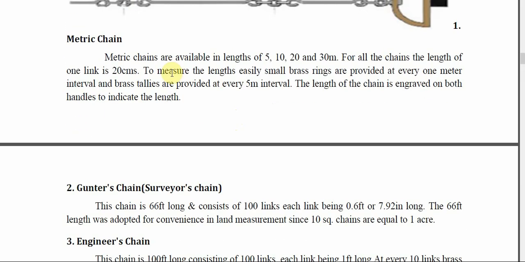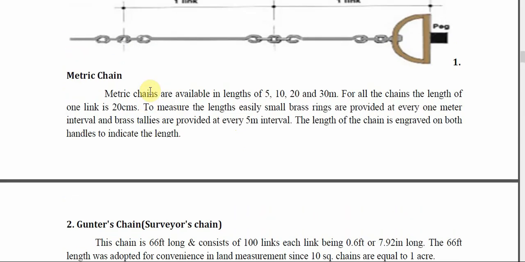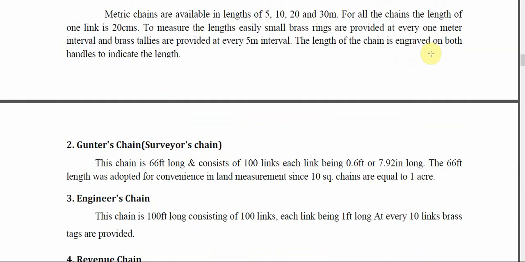So in a metric chain, please remember, small brass rings are provided at every 1 meter, and brass tallies or tags are provided at every 5 meter. And also the length of the chain is engraved on both the handles. So this is the brass handle and length of the chain is engraved on the handle. The handle is provided at both ends.